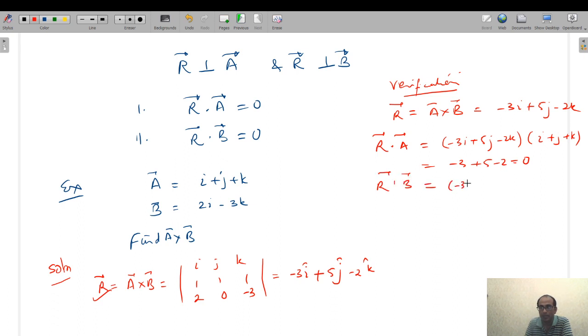This is -3i + 5j - 2k multiplied by 2i - 3k. This is again -6 for i, j is 0, +6 for k, and this gives 0. That means R is perpendicular to A as well as R is perpendicular to B. So these two conditions we must know. Okay, sort of property.